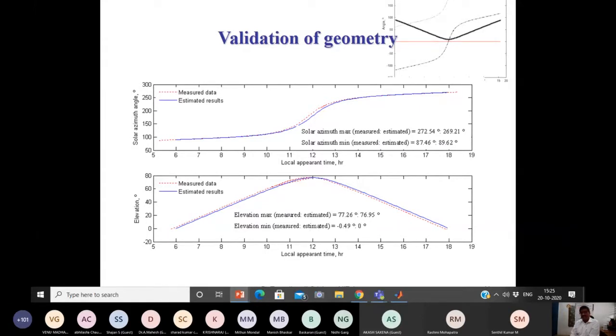A phase change takes place that creates the error. That's why while estimating solar radiation or geometry, we have to see exactly the time. If the time is mismatching with the actual time, then this type of error will come, even though there is no error in the estimation model, the mathematical model. That is a phase change issue, a time lapse issue.